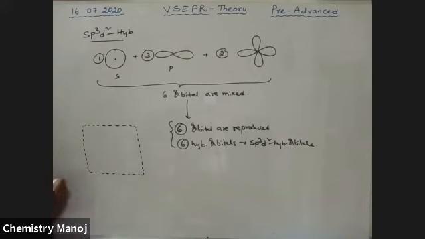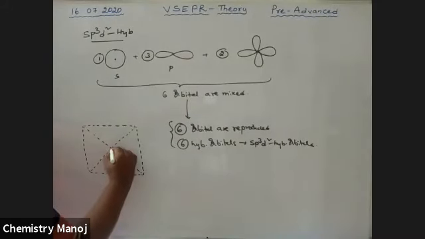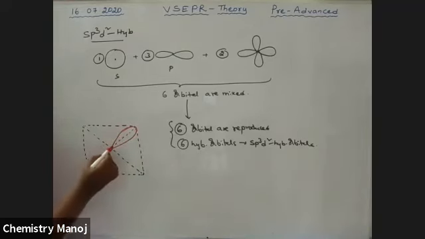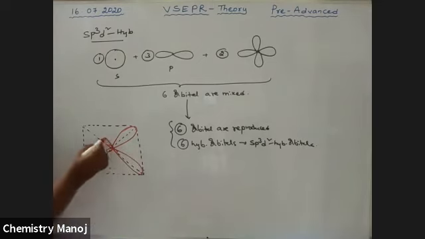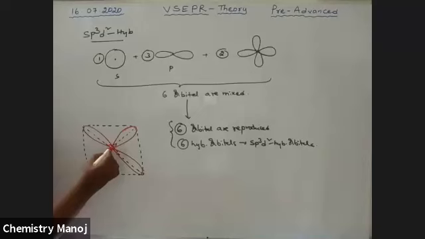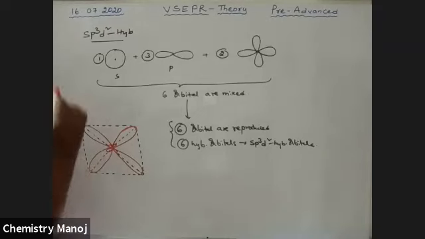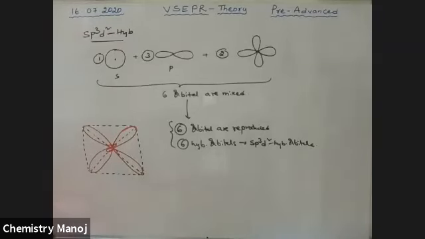So within the plane, 4 sp3d2 orbitals: one, two, three, four.